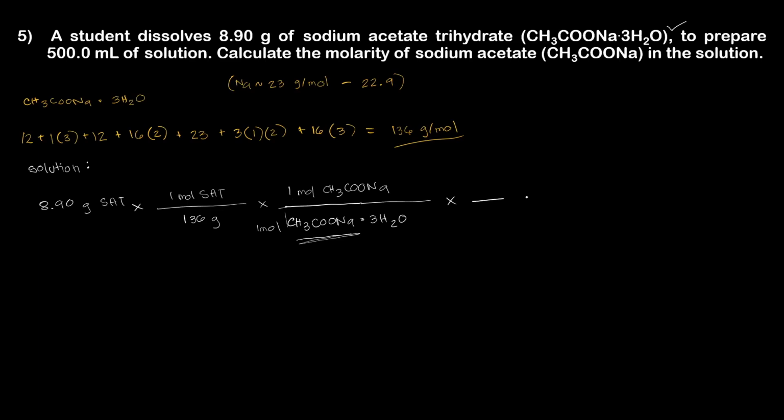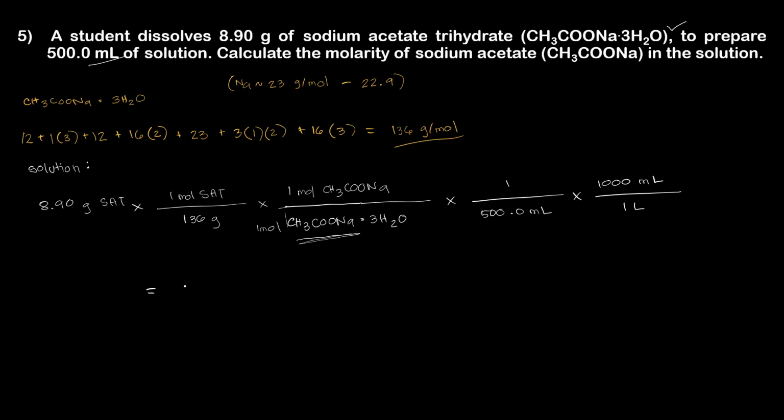We can now use the given volume. The volume is in mL, so we need to convert this into liters. 500 mL, convert this to liters: 1000 mL is 1 liter.